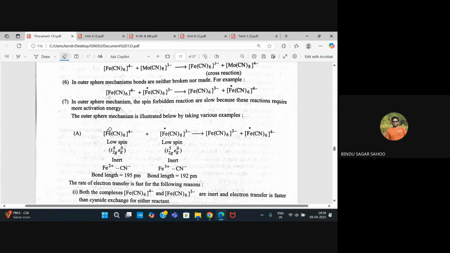In iron the oxidation state is +2, so the d configuration has 6 electrons, and these 6 electrons occupy the t2g position, with eg0. For Fe3+, the 5 electrons occupy the t2g position. So the electron transfer occurs from t2g6 to t2g5.